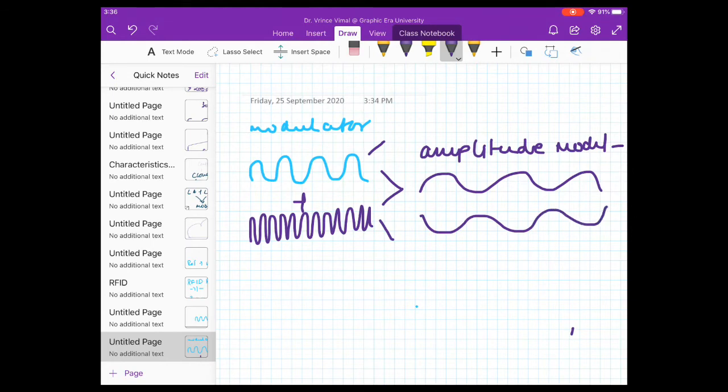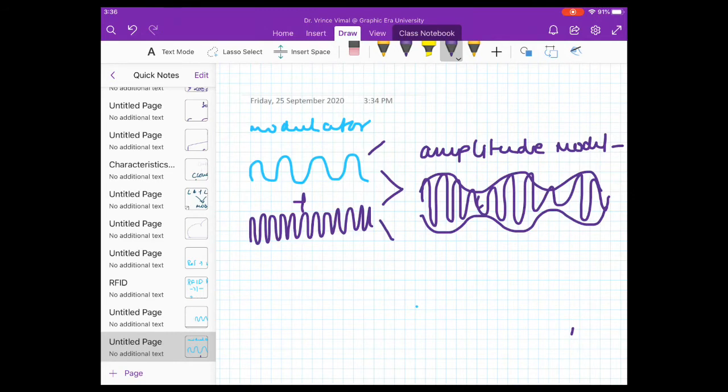This is basically an envelope of our original signal which is retained, and this is your carrier wave. So what modulator is doing, it is keeping this same envelope.